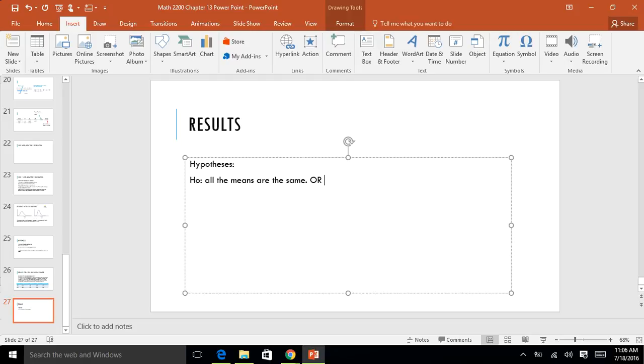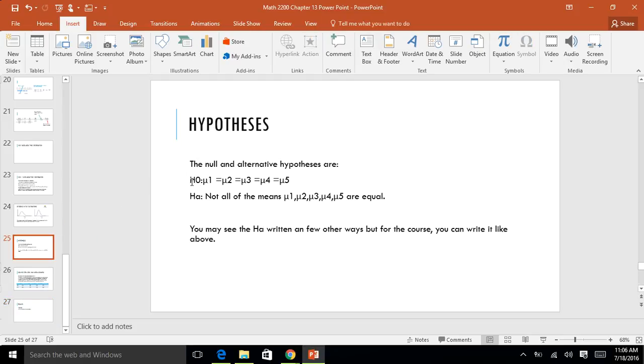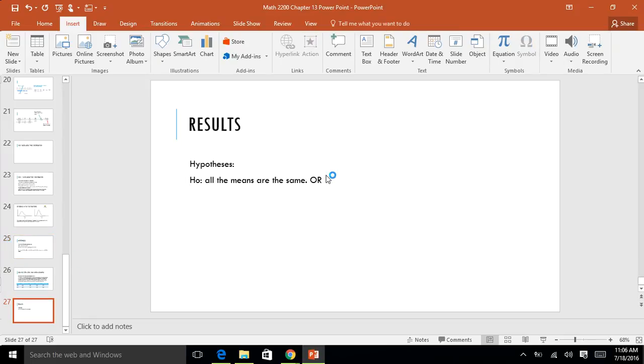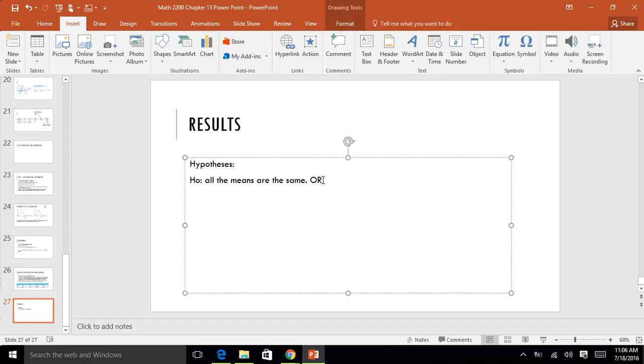You know what? I'm going to cheat a little bit. I'm going back to the PowerPoint and I'm going to grab this one, because for ANOVA this is basically the only kind of hypotheses you're going to have. So you can use these again and again. Okay, here we go. The null is that. The alternative is this. Or the way they do it in the book is kind of tricky.